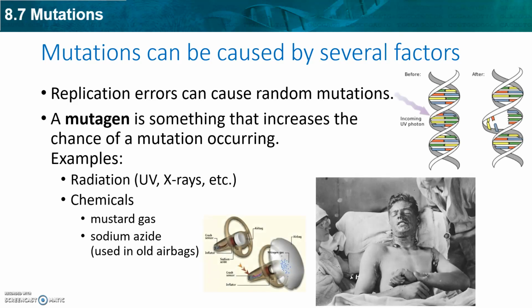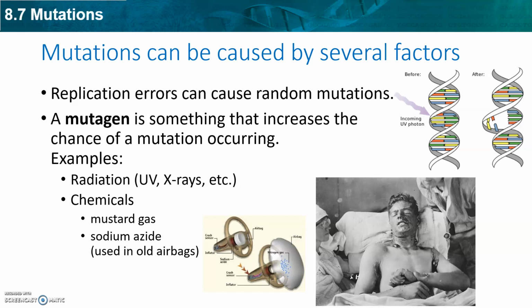There are, however, some things that can induce mutations or make it more common for a mutation to happen. We call those factors mutagens. A mutagen is anything that increases the chance of a mutation occurring. The most common mutagen that you probably are aware of already is radiation. Any type of high energy radiation like UV rays from the sun or X-rays.